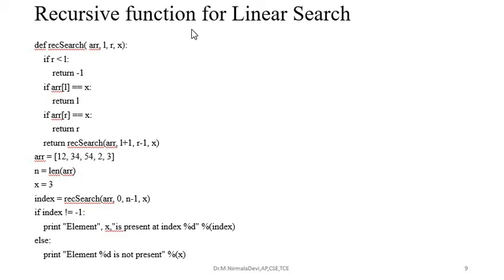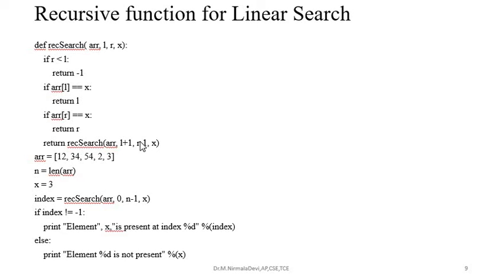A recursive function means a function that is called by itself. In this we have written a function. It uses the array, the initial position l, the last position r, and the element to be searched, x. The function calls itself by incrementing the initial value and decrementing the last positional value.